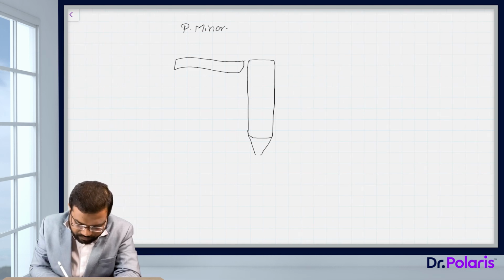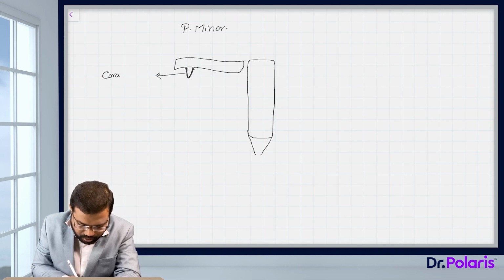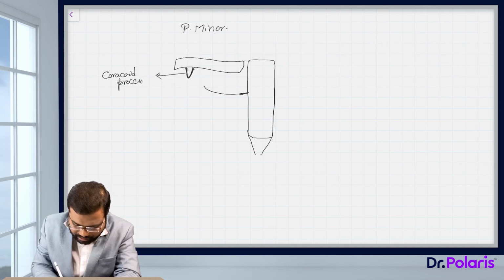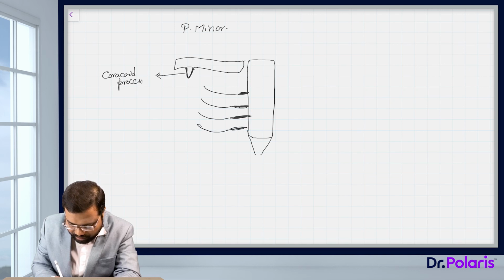Just below the clavicle, there is a small projection called the coracoid process. And again here is the second rib with its costal cartilage, third rib with its costal cartilage, fourth, fifth, and sixth, each with its costal cartilage.